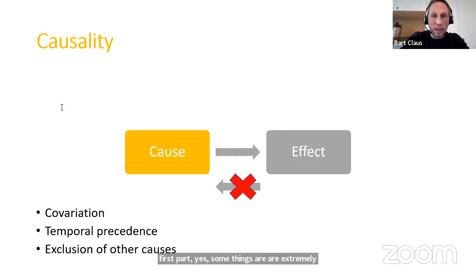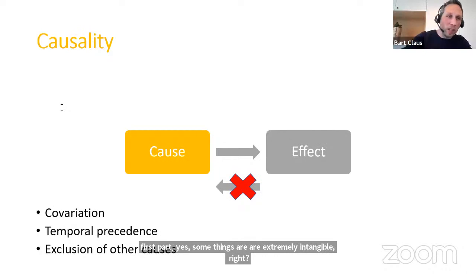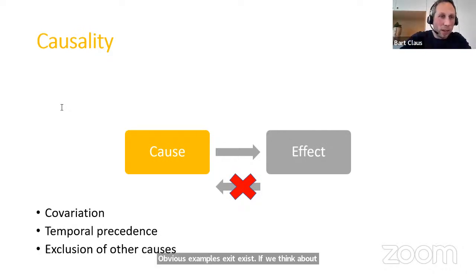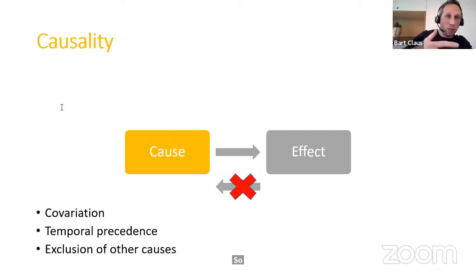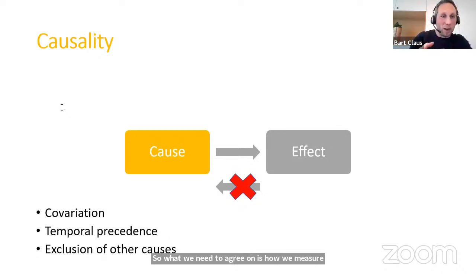Obvious examples exist. If we think about intelligence, for example, right? Intelligence is something that we all understand, and yet people have different interpretations about it, right? And there are different ways in which intelligence manifests itself. So what we need to agree on is how we measure intelligence, and this agreement is done in research, right?